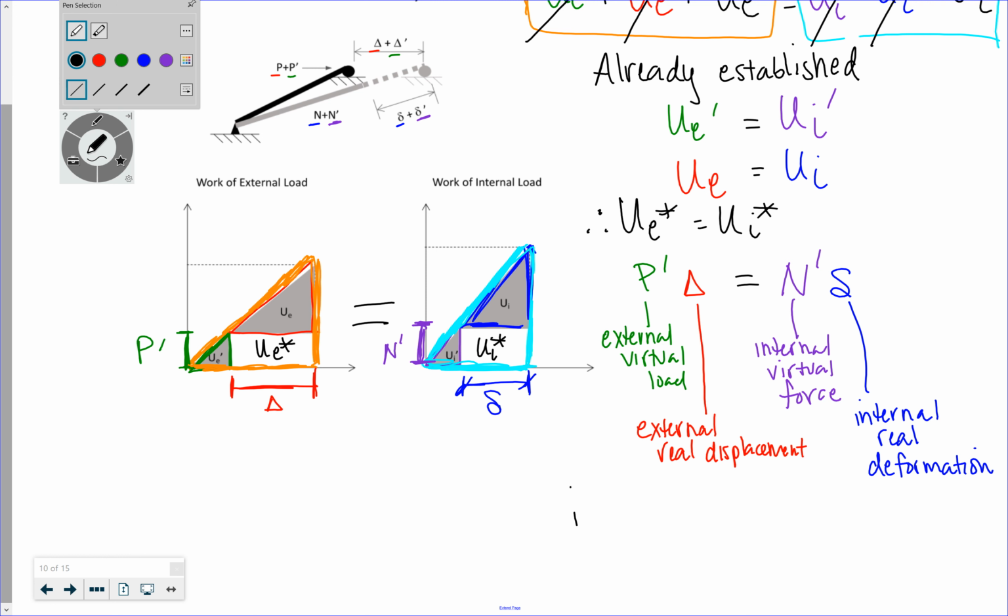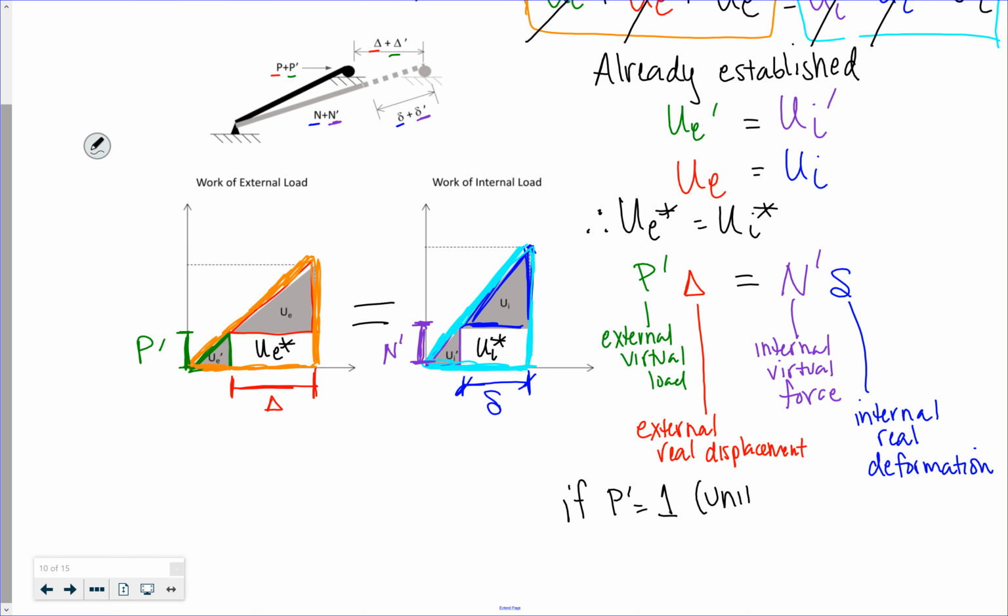If P prime is equal to 1 because it's a unit load, then my actual displacement delta is equal to the internal virtual force times the internal real deformation of that member.